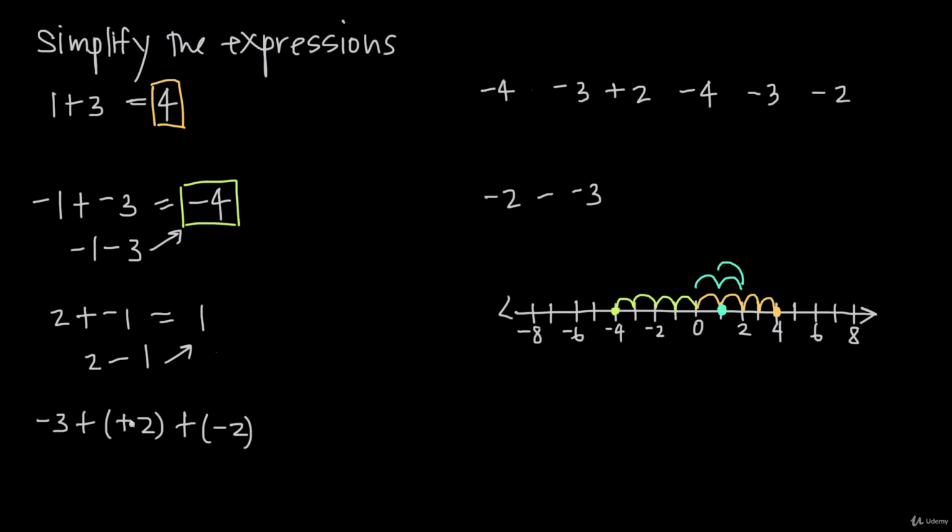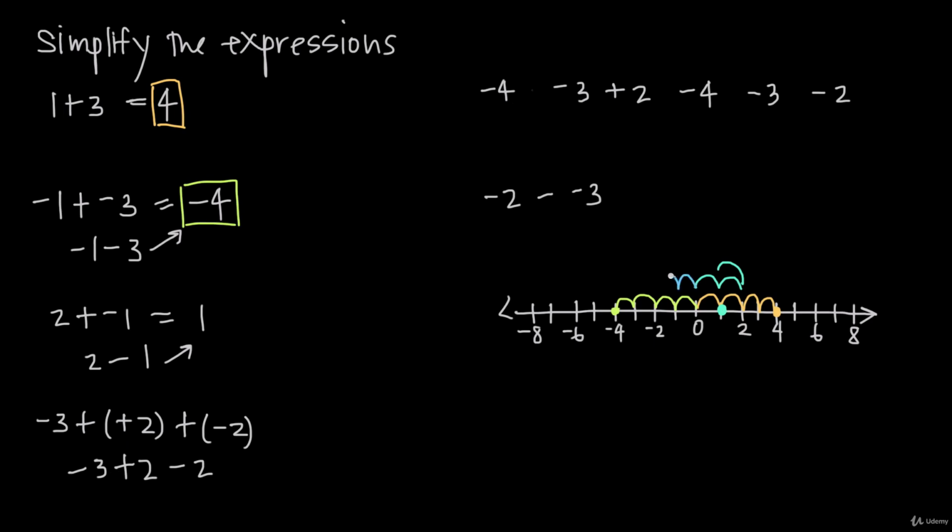So if we look at our next example here, we have a negative 3 plus a positive 2. Adding a positive is still just adding. So this is negative 3 plus 2. Here we're adding a negative number, which we know is the same as subtracting, so we get a minus 2. So if we plot this on our number line, we start at the origin. We want to move to the left 3 units because we have a negative 3.